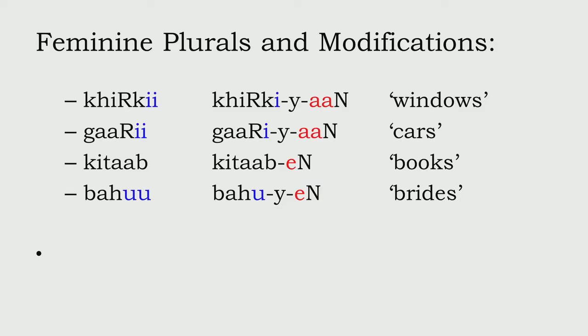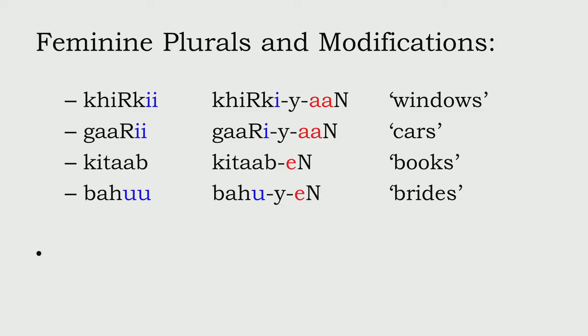In the singular form, you see the final vowel as the long vowel. Wherever a feminine noun ends with a vowel, the vowel is long. And in such cases, in the plural counterpart, the first thing that you observe is shortening of vowels.